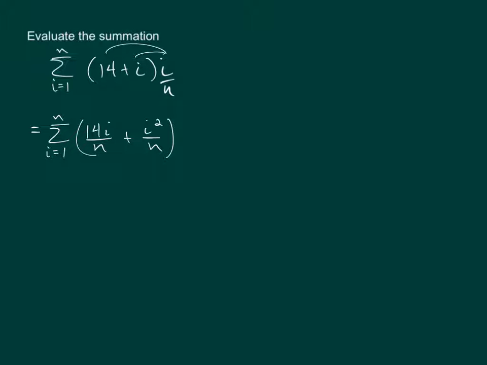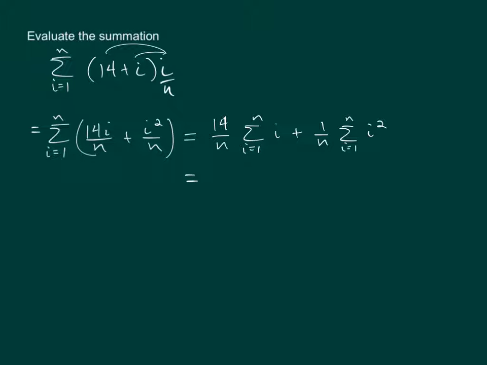Now if we go ahead and spread this out using the sum and difference rules and the constant rule, again remembering that n is a constant, you'll see that you get a sum that's something like 14 over n, the sum as i goes from 1 to n of i, plus 1 over n, the sum as i goes from 1 to n of i squared.